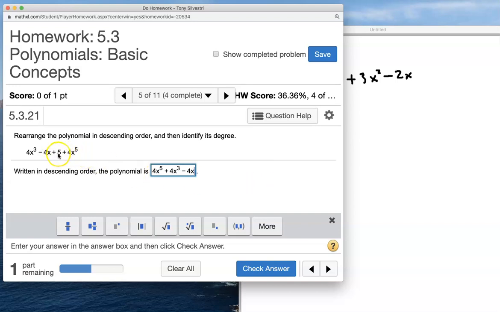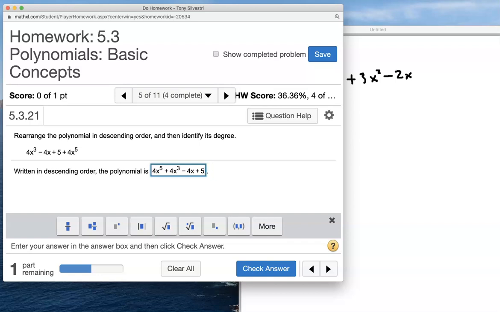So the next thing is plus 5. And now you might think, well, geez, 5 is a term? It certainly is. It's 5x to the 0 power. That's what 5 is. Anything to the 0 power is 1. 1 times 5 is 5. Of course, you're not going to write that. What you're going to do is just simply write 5.